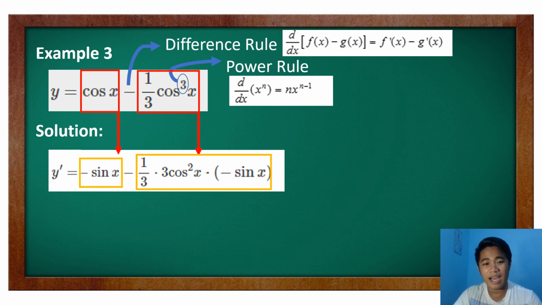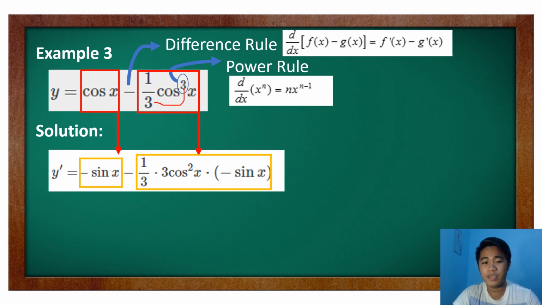That is why we have a negative sine x here, alright? So we just multiplied the exponent 3 to 1/3, so that is why we have this one. And then our exponent is being subtracted by 1, so we have 2 there. And then if we take the differentiation of the base of our exponent, which is the cos x, that is negative sine x, so that is this part here.